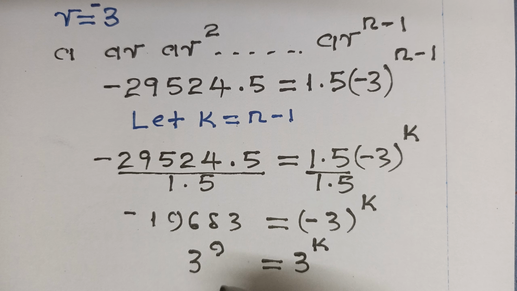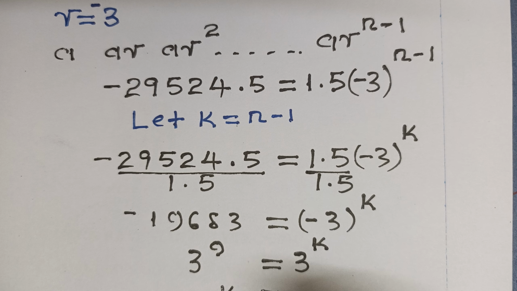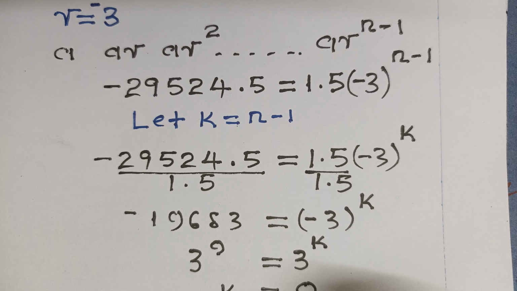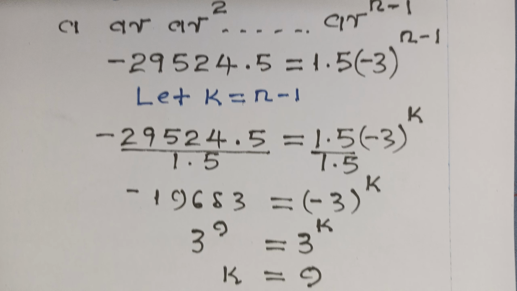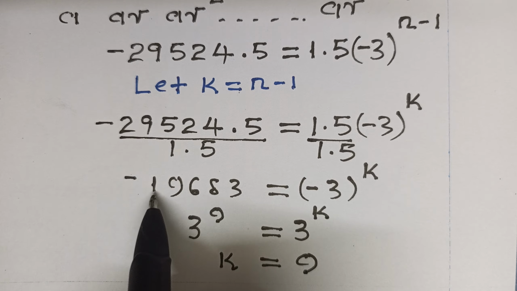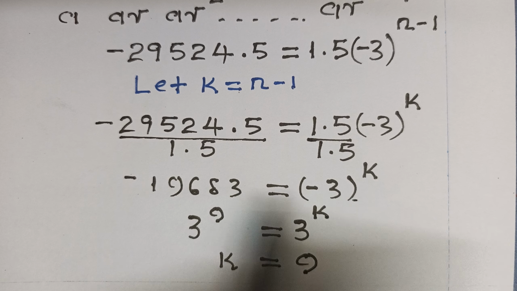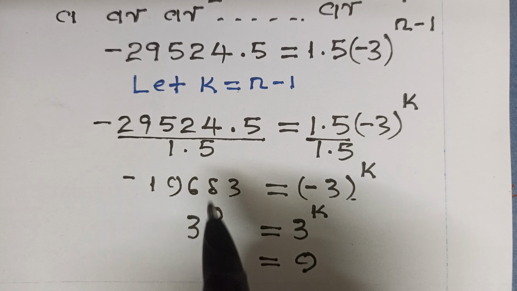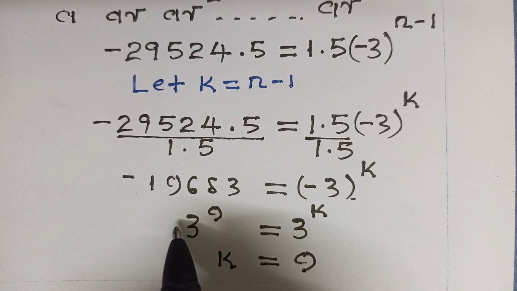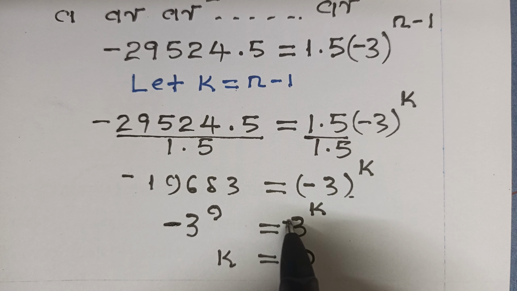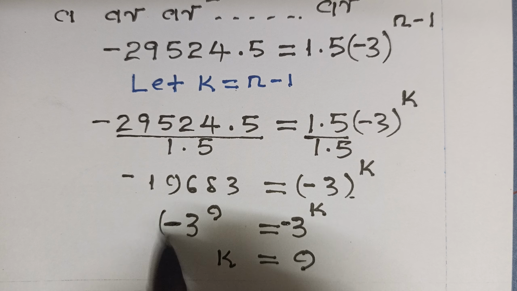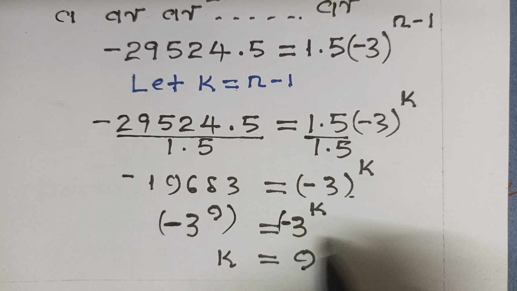Therefore, k is equal to 9. After we have found k, we shall still keep this formula. And indeed, we can even put a negative right here and a negative right there.